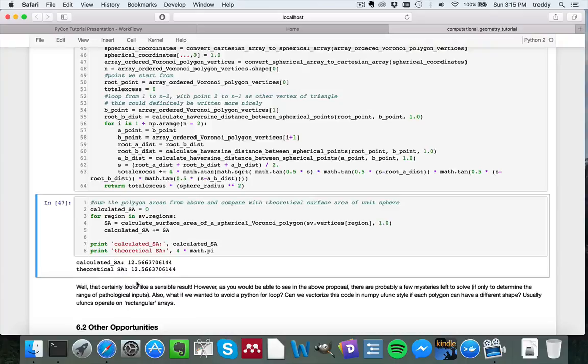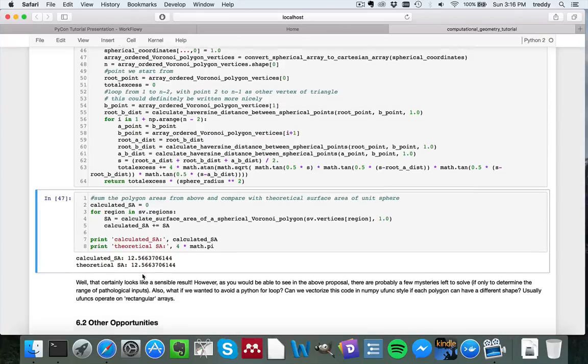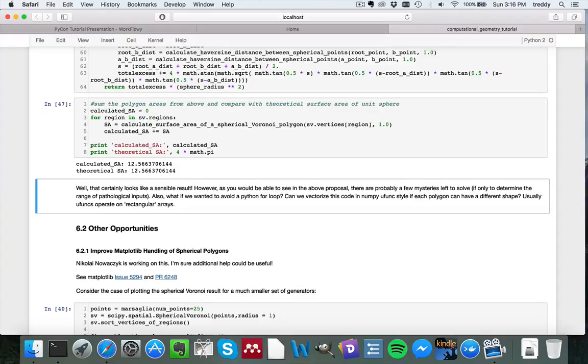So we have a calculated surface area of about 12.56 and a theoretical surface area of 12.56 as well. So it looks like both the spherical Voronoi diagram calculation and the assignment of regions has worked properly, and so has the reconstitution of surface areas.